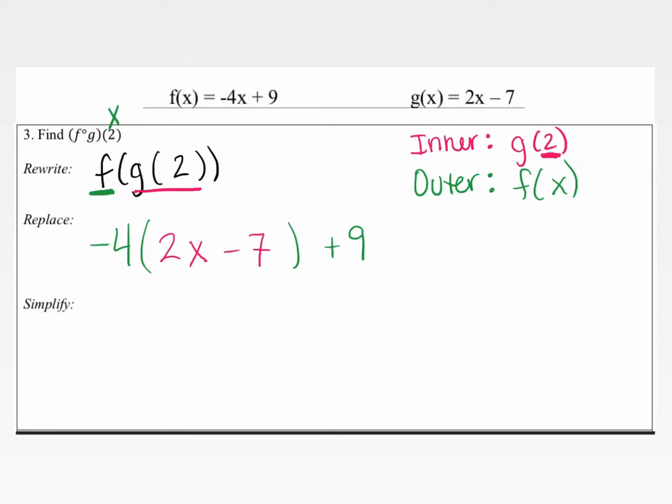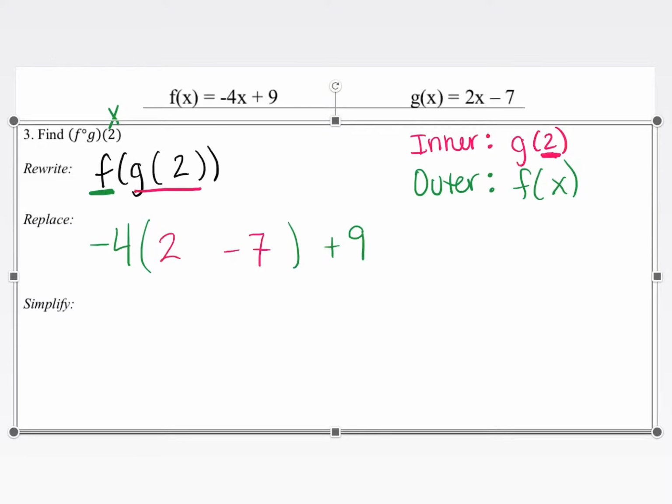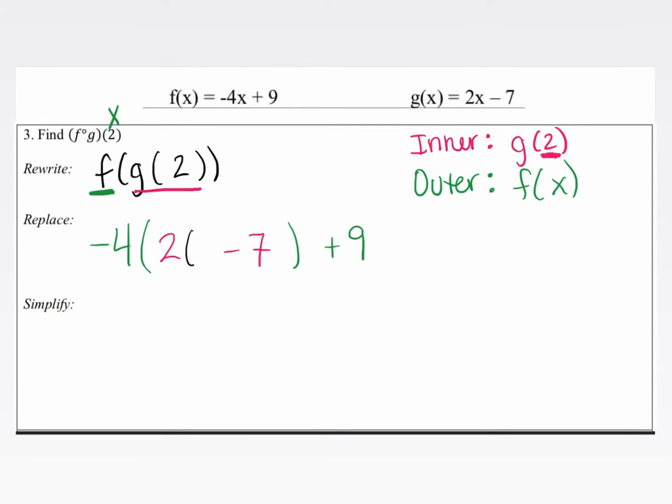So wherever that inner x is, we're going to replace it with a 2. So we can simplify this.